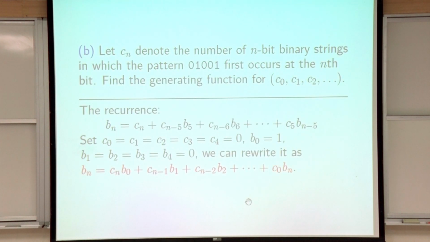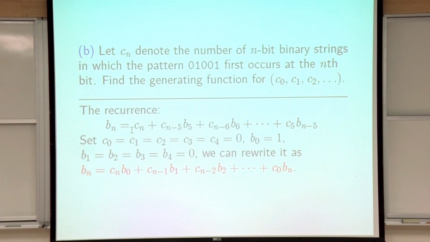And for part B, we want to find the number of n-bit strings where 01001 first occurs at the nth bit. So here we consider the number of strings where 01001 occurs at the nth bit, but not first. So there are several cases.